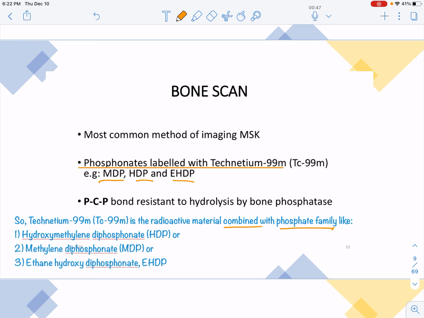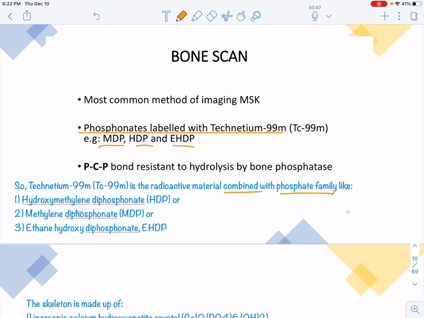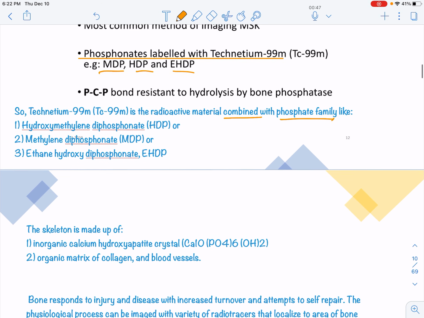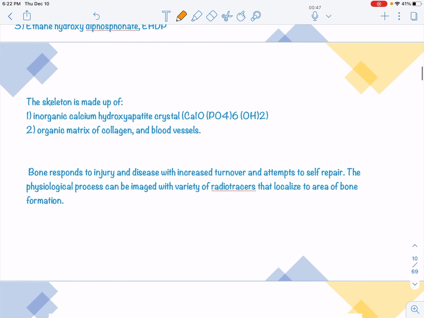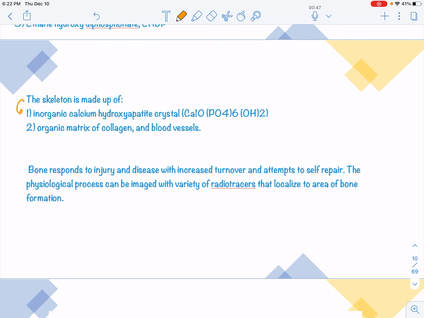طيب ليه احنا exactly اخترنا phosphate ما اخترنا another material or another type of bond؟ لو جينا احنا نعرف حنرجع شويتان نقول انه إذا تفتكروا skeleton is made up of an organic compound, an organic matrix like collagen and blood vessels, and the inorganic like calcium hydroxyapatite crystal.